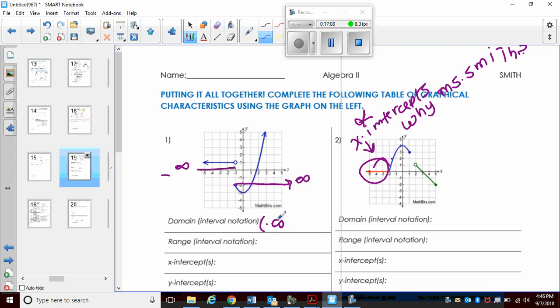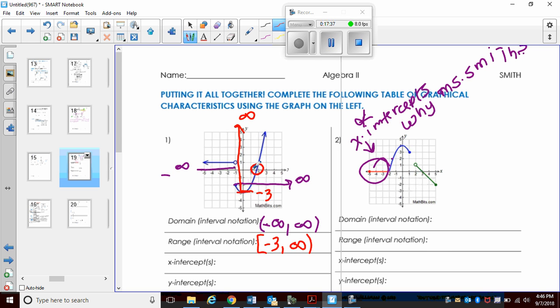So negative infinity to positive infinity. There's technically no breaks here. Covers every point ever. Now my range, on the other hand, we're coming from negative 3, and we're going all the way up to infinity. So from negative 3 all the way up to infinity.